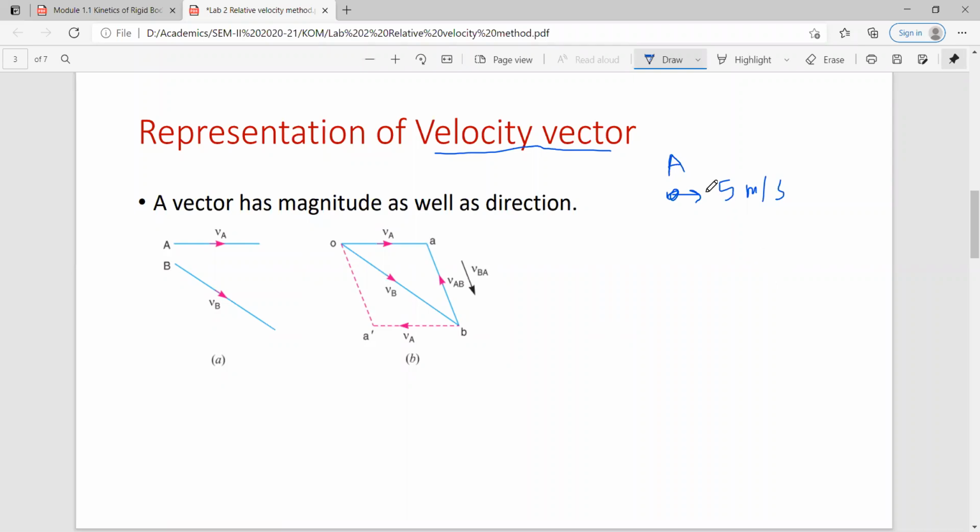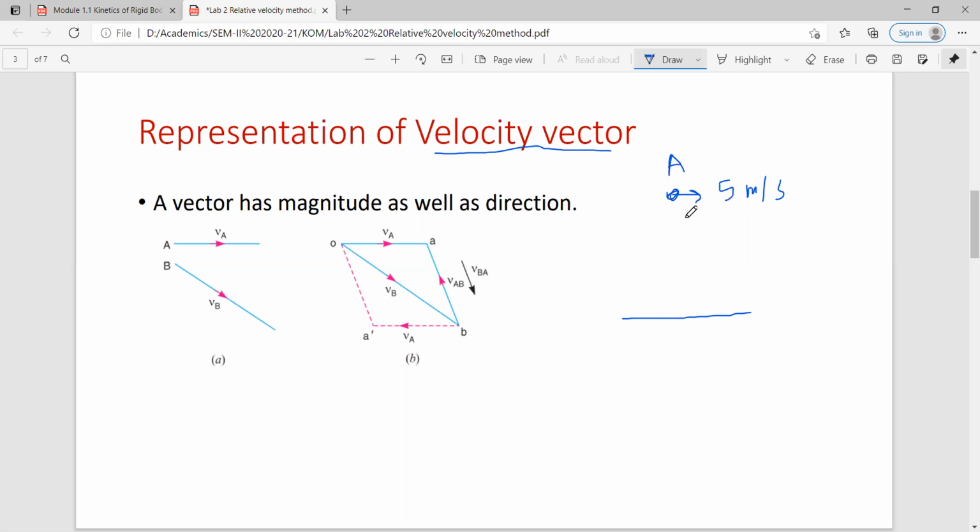This arrow is showing the direction in which it is moving. With the help of direction you can draw a line in a particular direction. For example, as point A is moving in horizontal direction, I can represent velocity with a line whose orientation is horizontal.